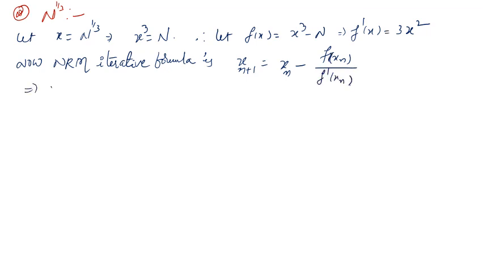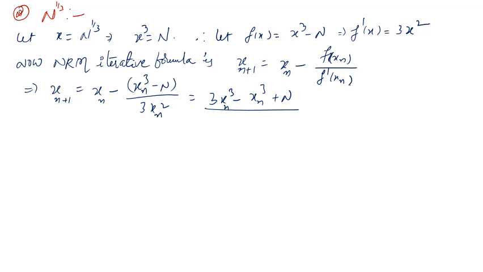If I substitute in this formula, what is f of xn? xn cube minus n divided by 3xn square. If I take LCM, 3xn cube minus xn cube plus n whole by 3xn square.